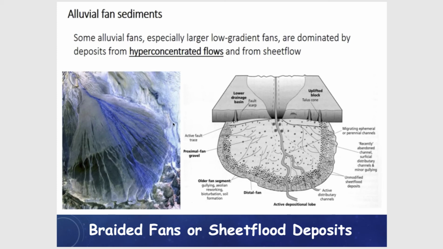So in some cases, these major events will be termed hyperconcentrated flows. We will see some examples of the stratification of these hyperconcentrated flows, but they are really high energy events.